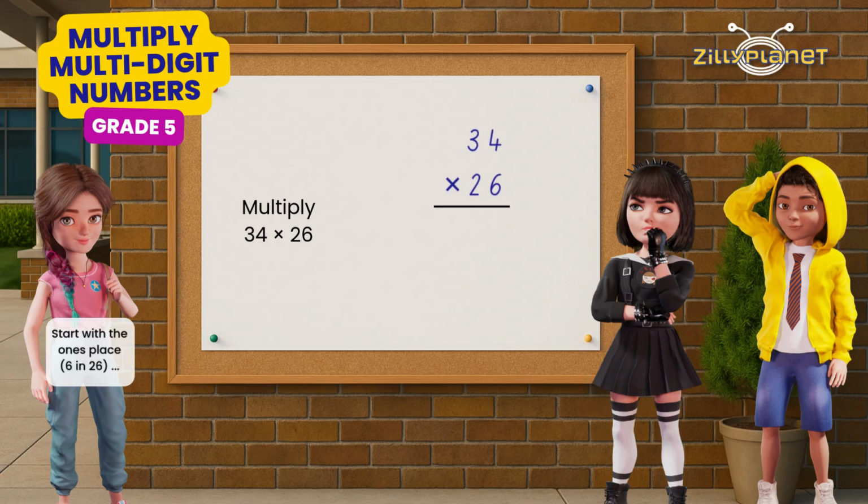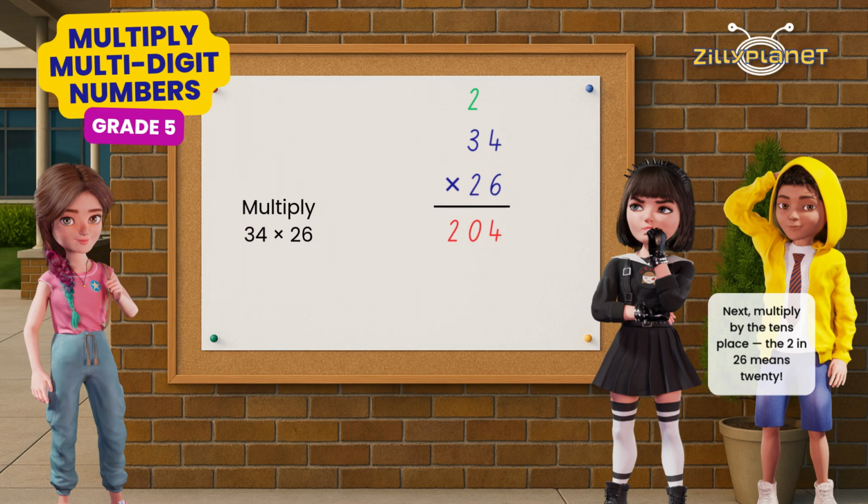Now let's try a 2-digit by 2-digit problem. Start with the ones place, 6 and 26. 6 times 4 equals 24. Write 4, regroup 2. 6 times 3 equals 18, plus 2 equals 20. That's 204 for the first line. Next, multiply by the tens place. The 2 in 26 means 20.